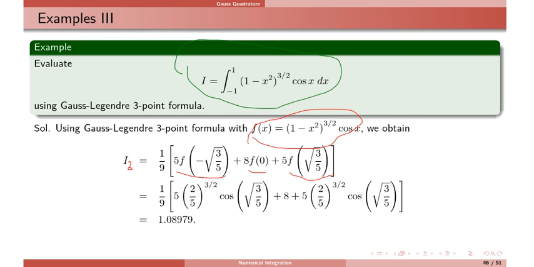You have limits from minus 1 to 1, so no need to change the limits. Just evaluate this function at minus under root 3 by 5 and at 0 and plus under root 3 by 5. And the final answer is this. So this is the approximate value of the integral using the Gauss-Legendre 3-point formula.